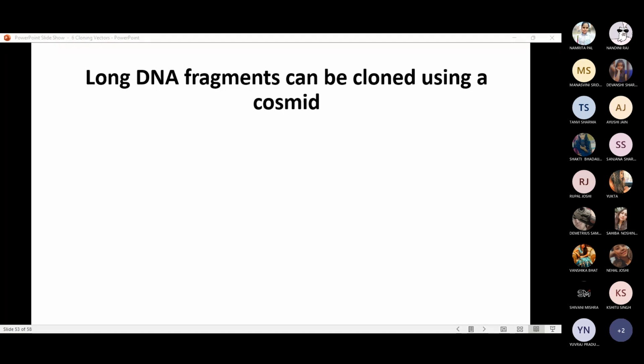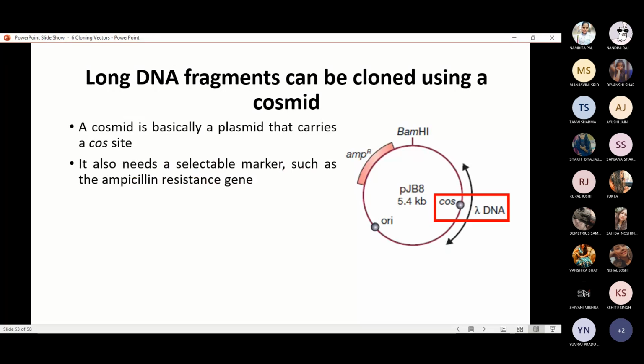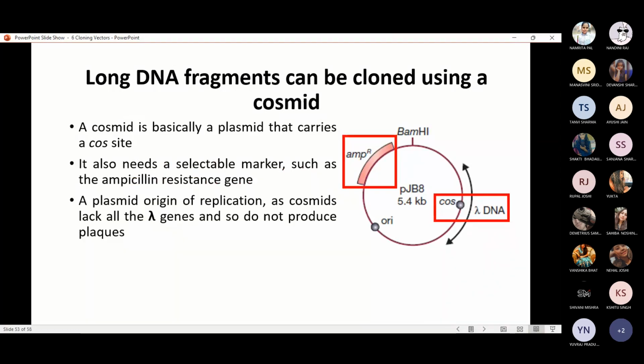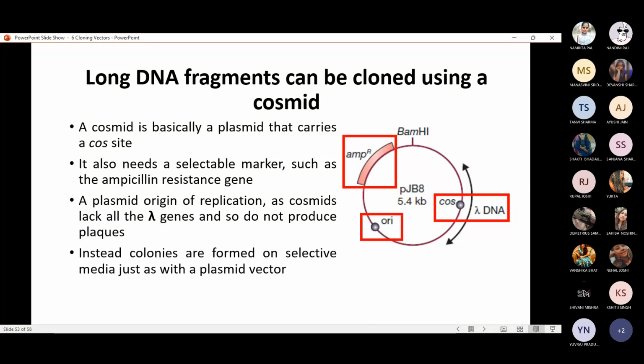We can start. In our previous class, we talked about vectors based on plasmids and viruses, and then vectors that combine the virus and the plasmid. This is an example of that: the cosmid vector. Cos stands for the cos site of your lambda phage, and mid stands for plasmid.